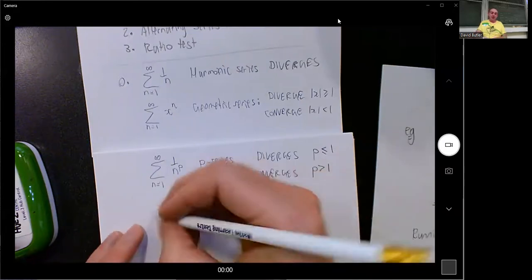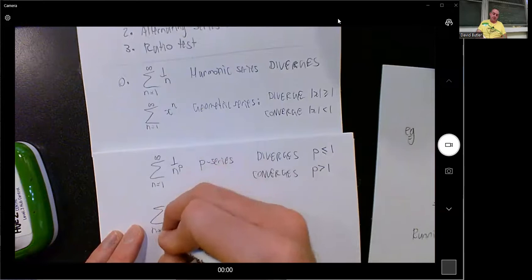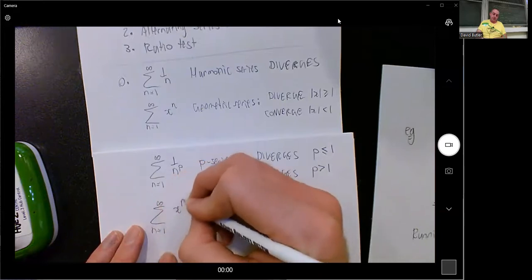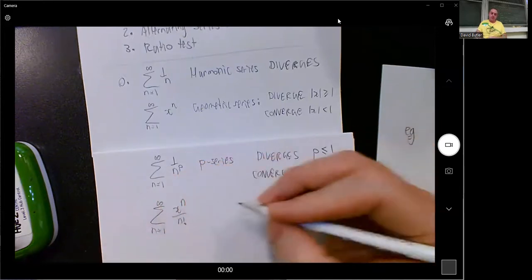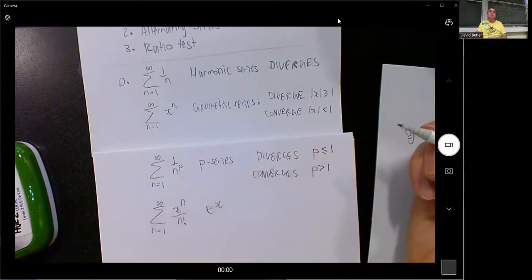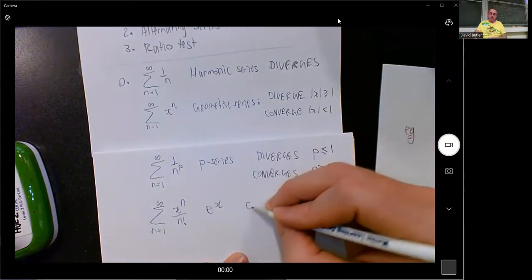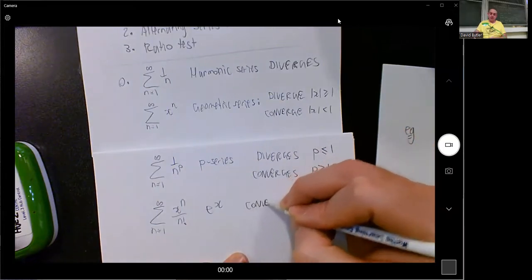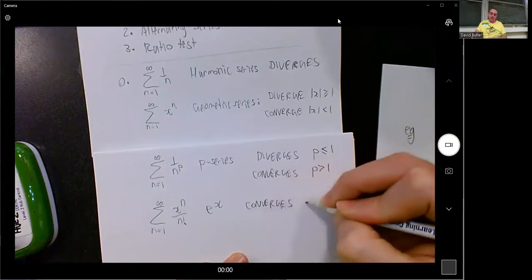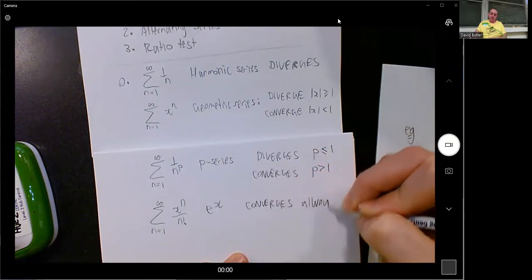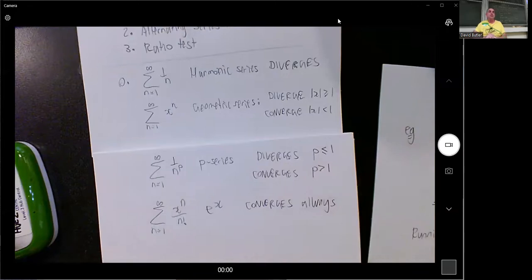And then the last one is this one. That's e to the x. That's what it is. And it always converges, no matter what x is. Yay.